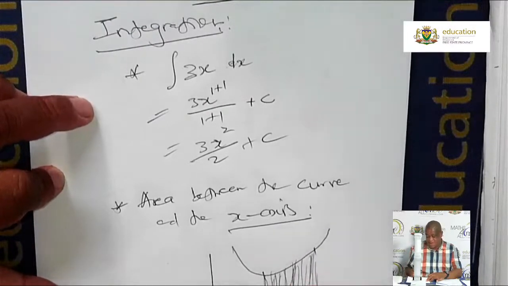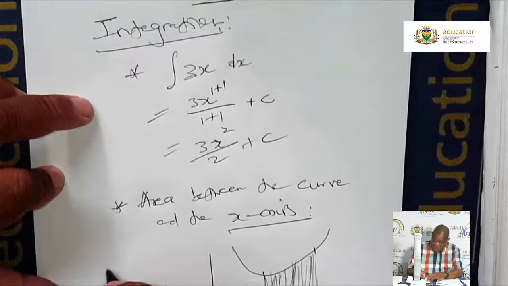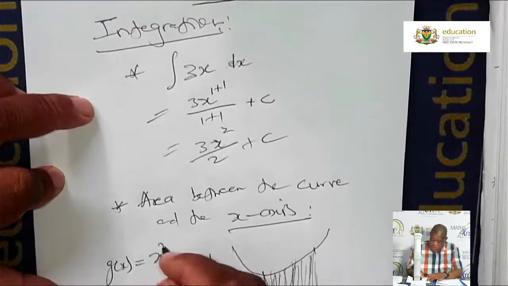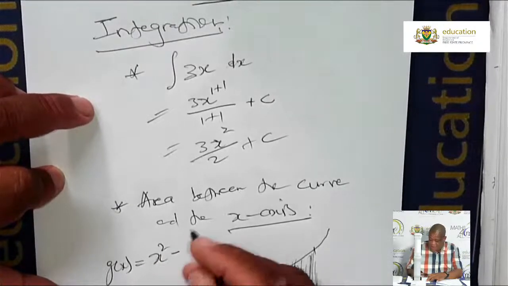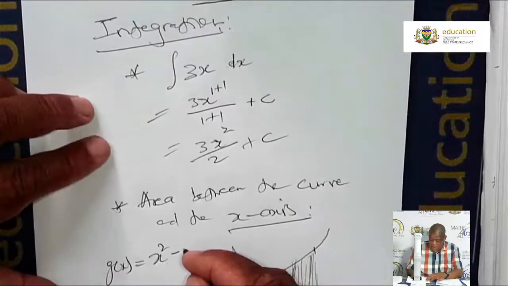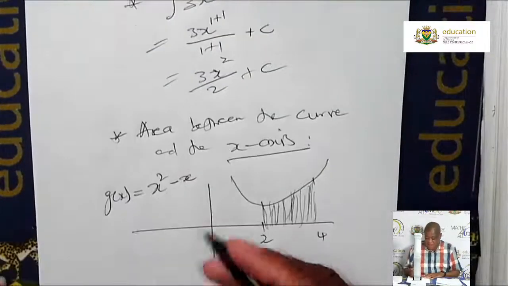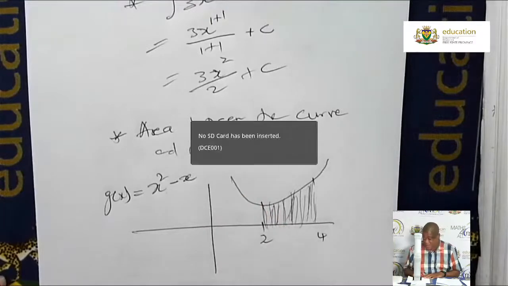In other words, you are expected to find the area below that curve. You will be given the equation of the curve. They can give it as g(x) equal to x squared minus x, something like that. I'm not saying that's the equation. It may be something like that.